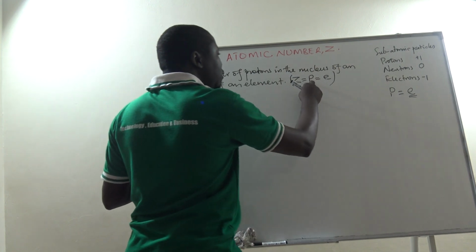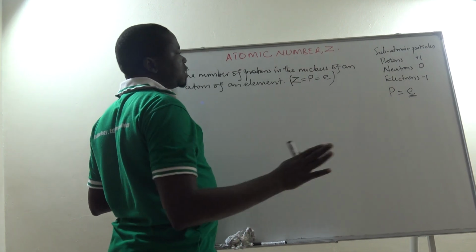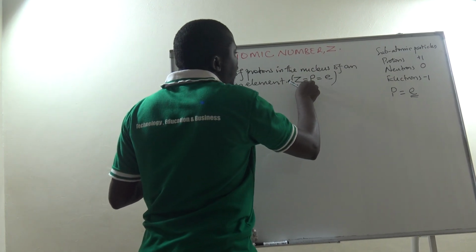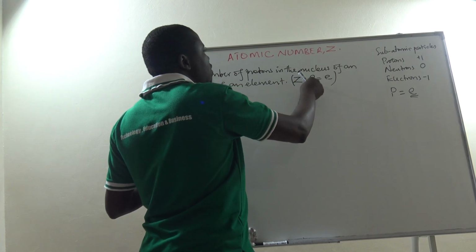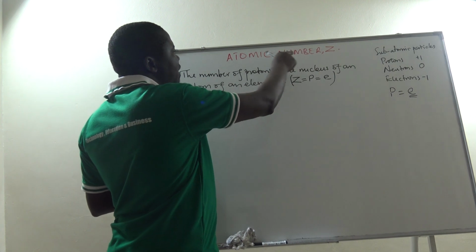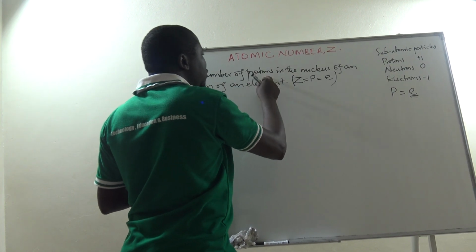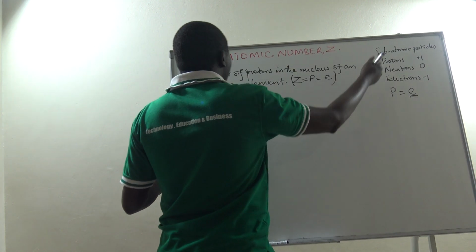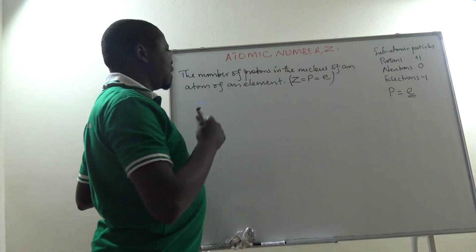But the number of protons remains fixed or constant, and therefore we use the number of protons in this case to refer to atomic number. So by definition, atomic number is the number of protons in the nucleus of an atom of an element.